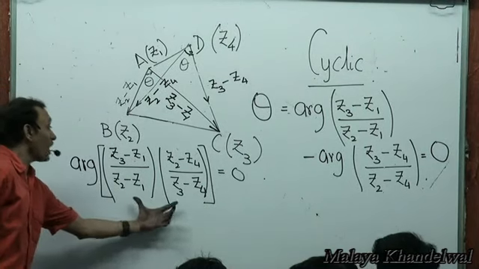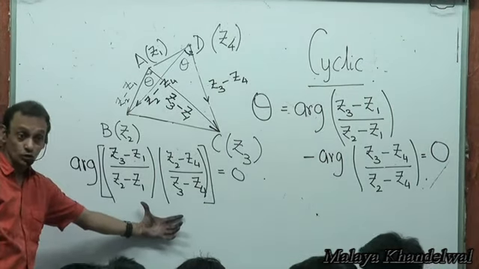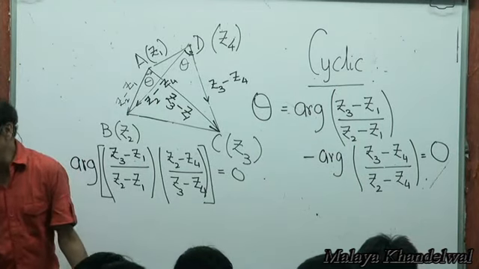If the argument of a complex number is 0, then that complex number must be purely real. Right?